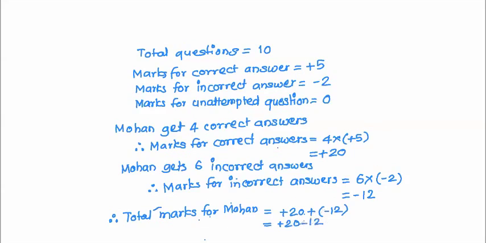Plus and minus means subtraction. So we'll do the subtraction in a rough work. 20 minus 12 is equal to 8. So the answer is 8, and answer gets the sign of greater number. So in this case, greater number is 20. So sign of 20 is plus. So answer gets plus. So how many marks Mohan gets? Mohan gets 8 marks.